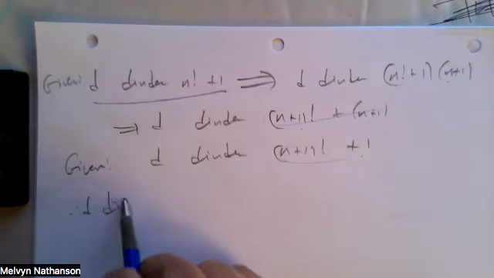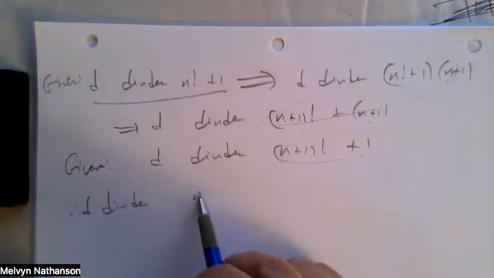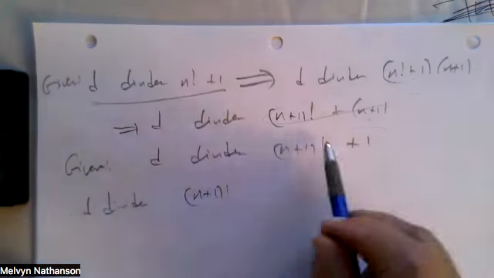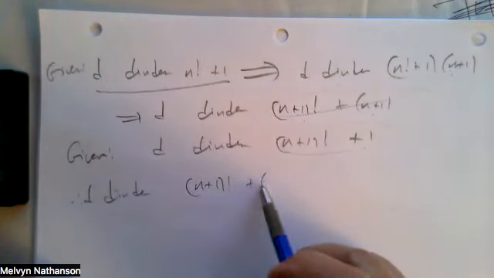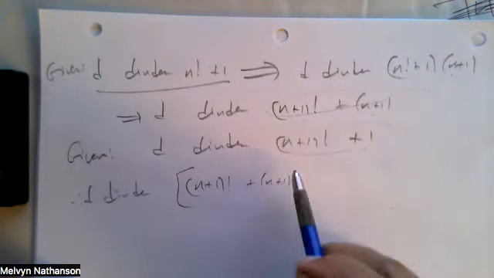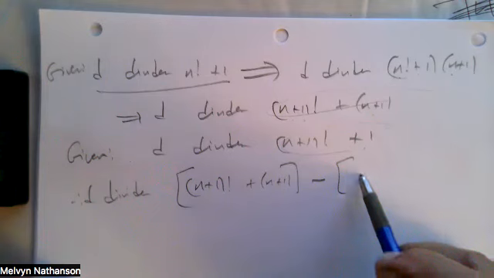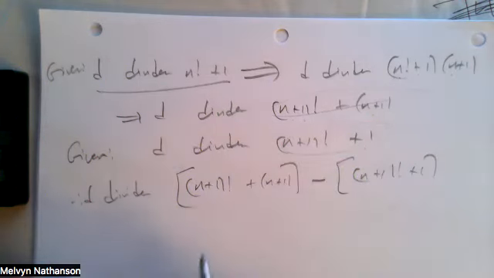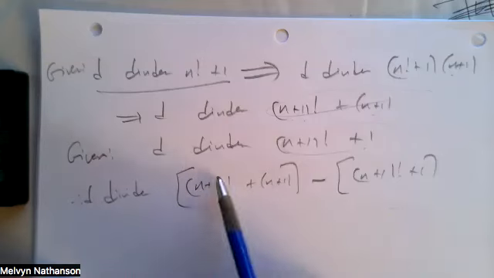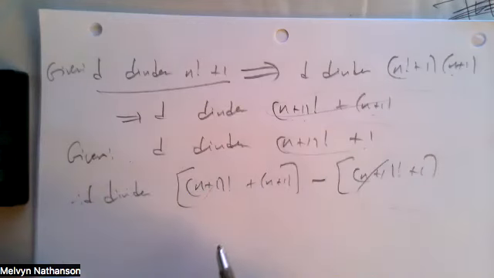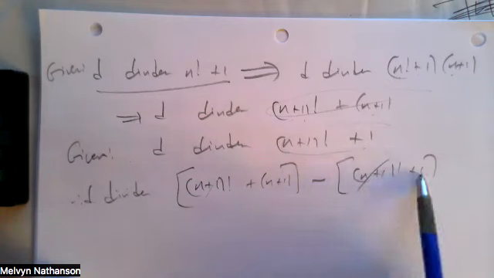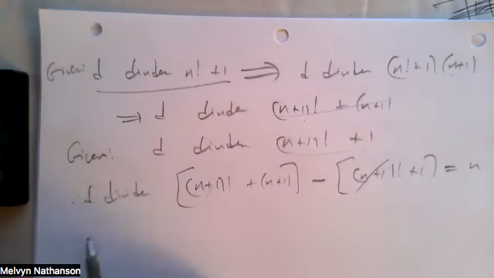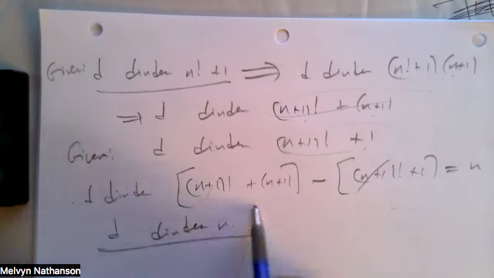So D divides (n+1)! + n + 1 minus ((n+1)! + 1). When you subtract, the (n+1)! terms cancel. n + 1 minus 1 is n. So D divides n.